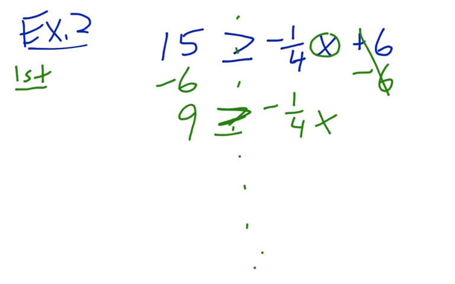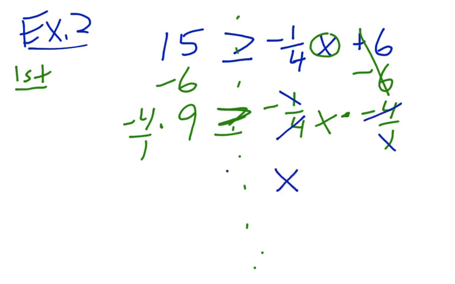Now I have one more step. This is a fraction, so to get rid of the fraction I can multiply by the reciprocal. If I multiply by negative 4 over 1 to both sides, notice that's going to cancel my 1's, it's going to cancel my 4's, and then I'm left with x. Now be careful, because what did step 2 tell us to do? If we're multiplying or dividing by a negative, what did I just do to both sides?